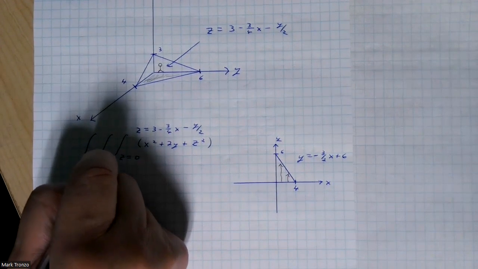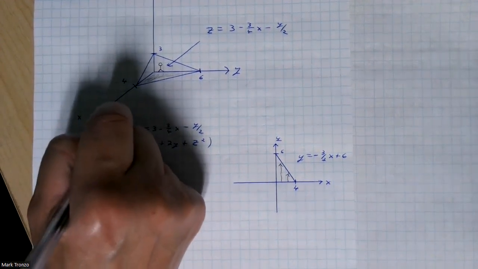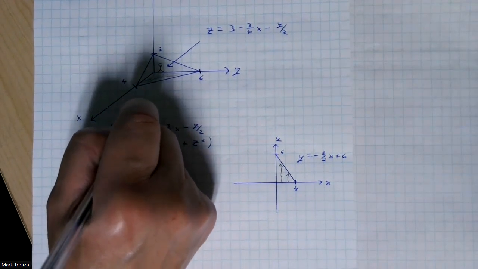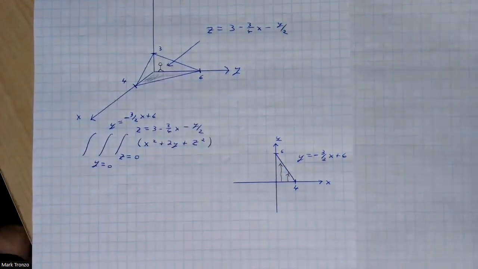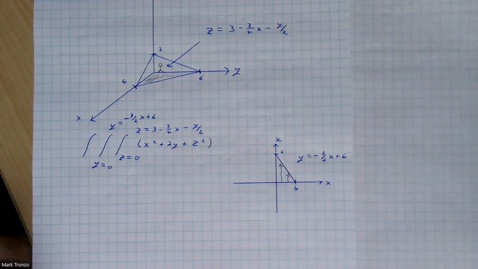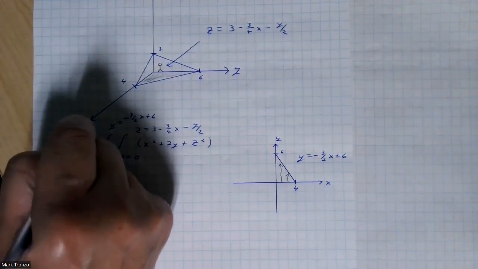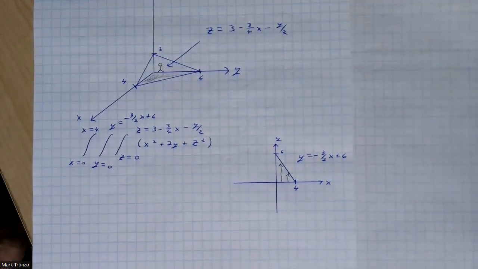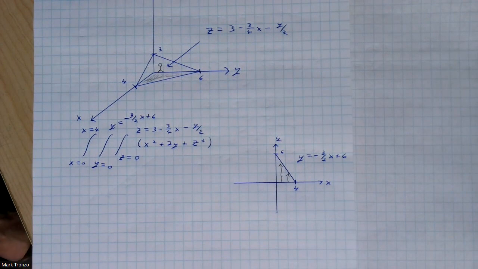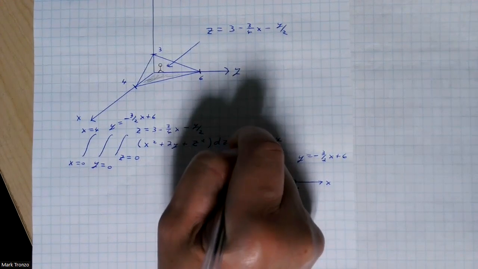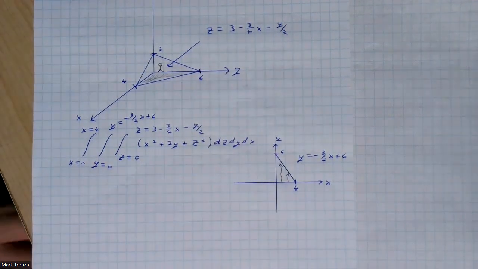That's going to be y equals 0, y equals minus 3/2 x plus 6, and then x equals 0 to x equals 4. And that's your integral, of course, dz, dy, dx.